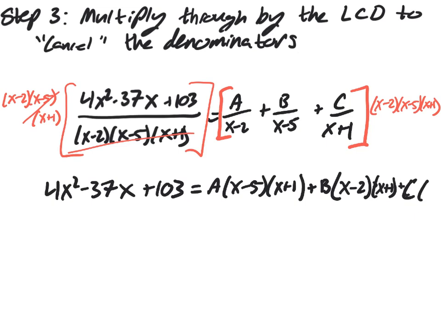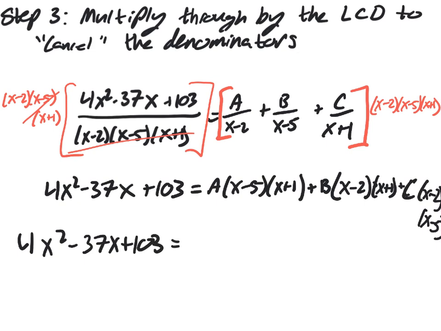So I am running out of space. X minus 2, x minus 5. All right, so let's clean this up a little bit. Left-hand side, we can't do anything to simplify, but we can on the right-hand side.